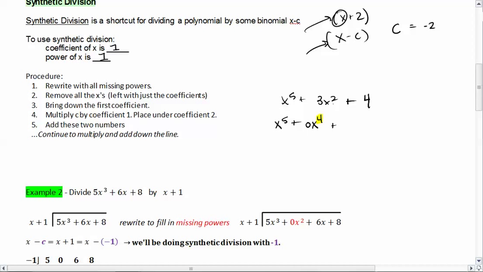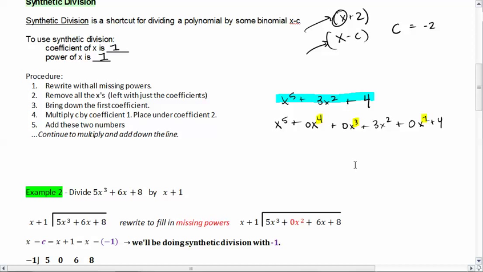Then we also don't have a third, so we're going to write 0x to the 3rd, plus we do have that 3x squared. We are still missing an x, so that's 0x plus 4. This is 0x essentially to the 1. So any locations where you were missing your x from the original equation, you want to fill those in. You want to rewrite this with some zeros. That way we can do synthetic division.